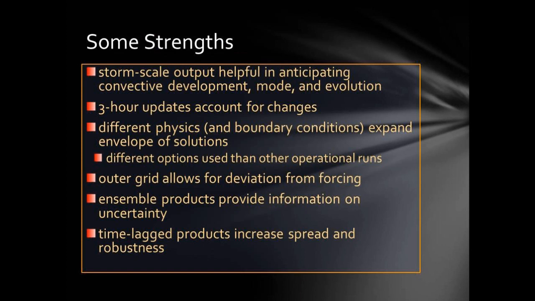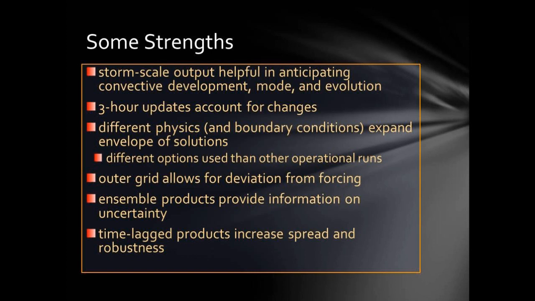Some of the strengths, I think: having it on the storm scale, as was spoken about yesterday, you do get some additional information on convective initiation, perhaps mode and evolution. The 3-hour updates can be helpful because obviously if things are changing, in comparison to just having runs initialized at 0Z, you get some additional information. And then varying the physics and so forth gives you an array of possible solutions, where perhaps one microphysics scheme, like was pointed out yesterday, maybe isn't particularly good at getting linear modes.